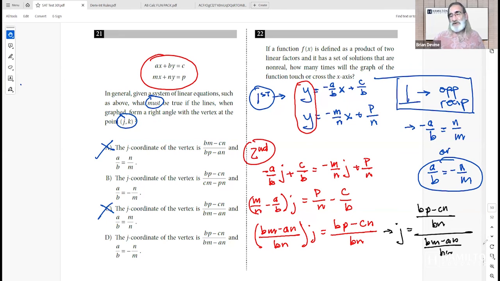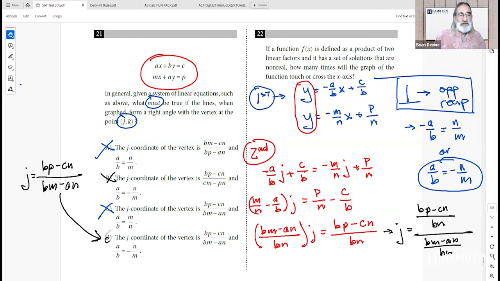And I can turn that into a multiplication by reciprocal, and I'm going to end up with the fact that J has to be bp minus cn over bm minus an, which eliminates B and puts me on D as the correct answer. Now, was that a hard problem? Heck yeah. Suck it up. It could happen. I hope you got it right.